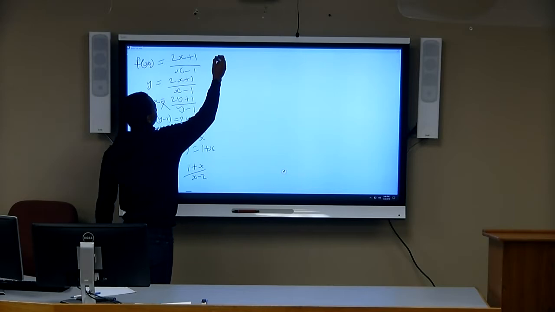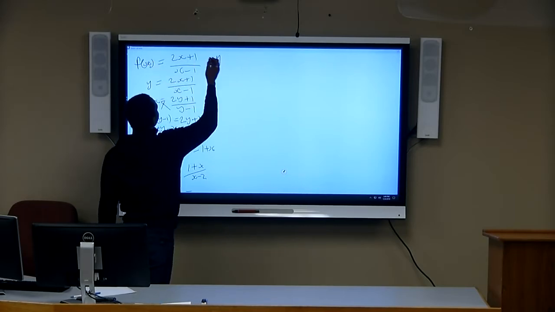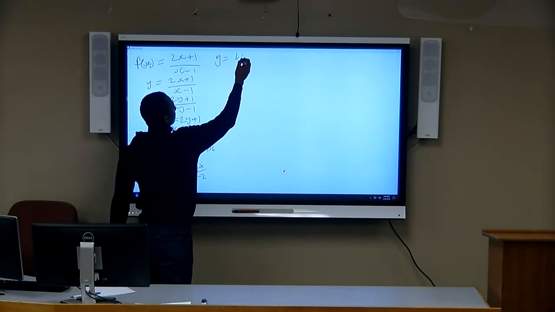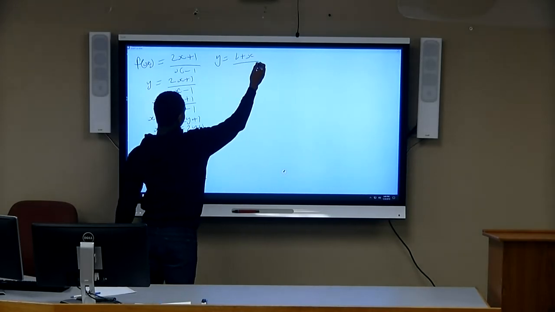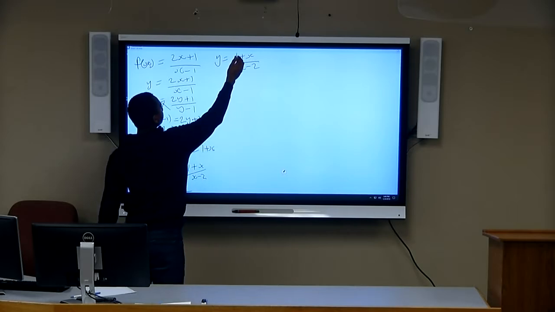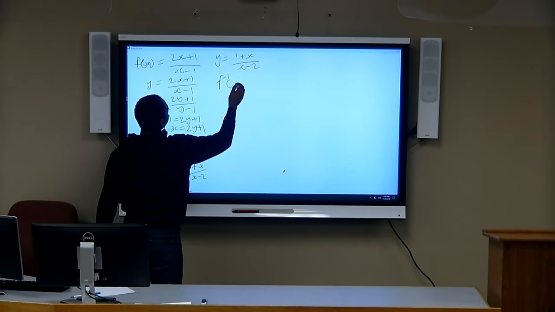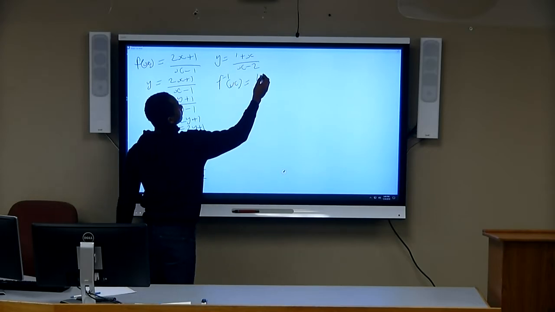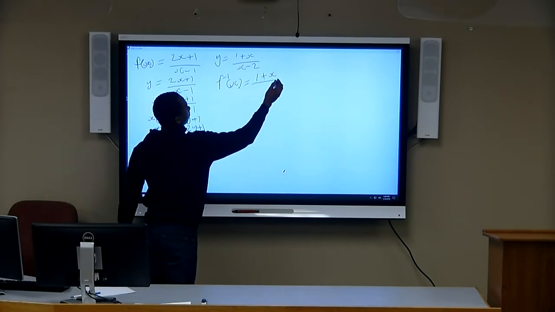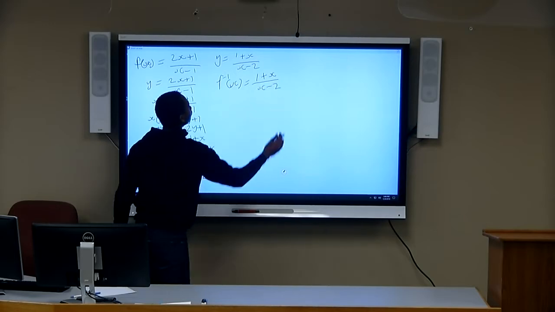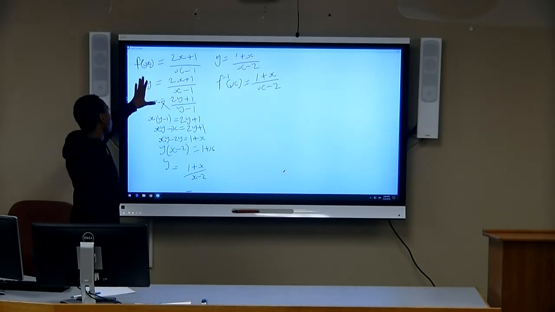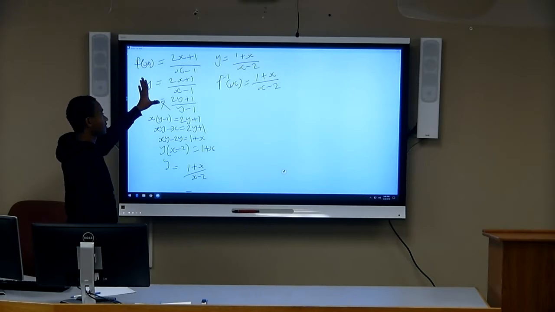So this is the inverse of f of x. Y is equals to 1 plus x over x minus 2. This is the inverse. So this is the same as f inverse of x is equals to 1 plus x over x minus 2. So now we can use the method we did in the earlier question to verify if what we did here is right or not.